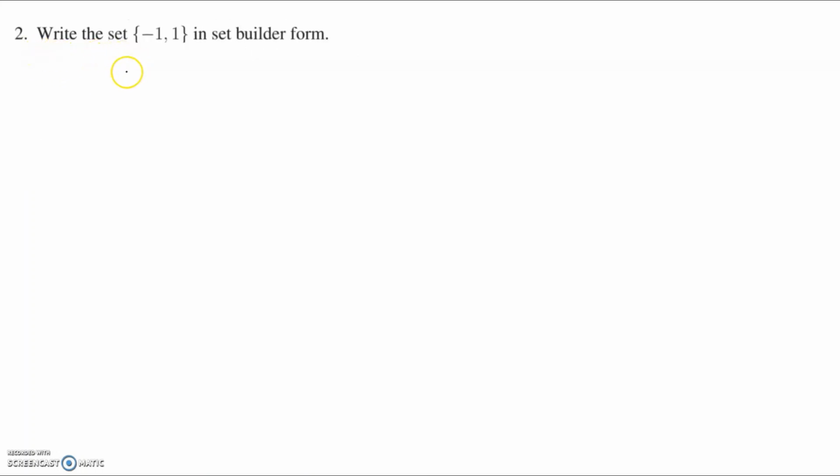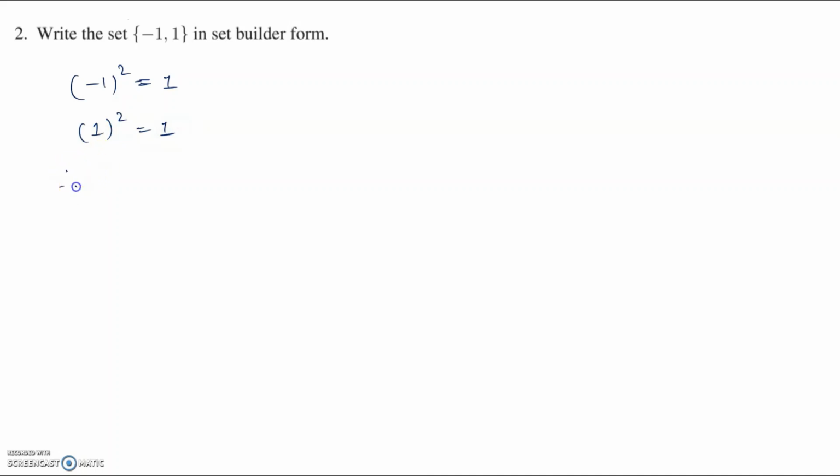Question number 2. Write the set {-1, 1} in set builder form. Right, so now we're given the roster form. We need to write it in set builder form. So look at it. We have a -1 and a 1. So (-1) squared is equal to 1, and 1 squared is also equal to 1.